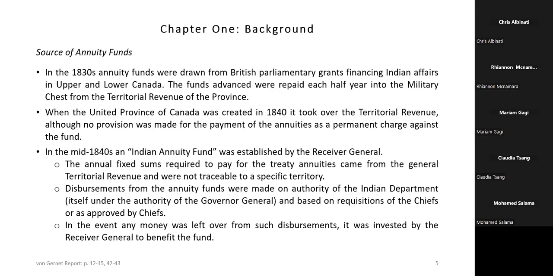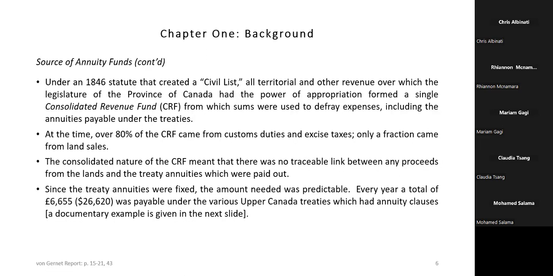So then we get to, I suppose, the next slide, which is the source of the annuity funds, a continued discussion of them. Now, there was in 1846 a statute, and I don't pretend to know the legal language to it, but it was referred to as the civil list.